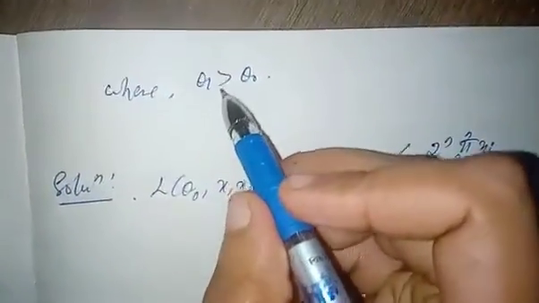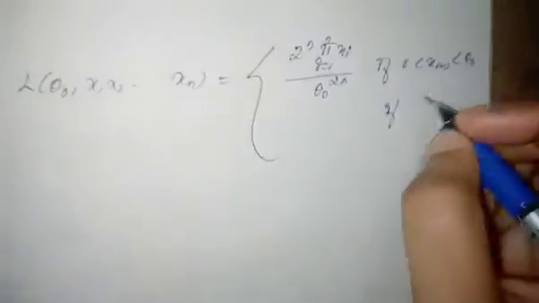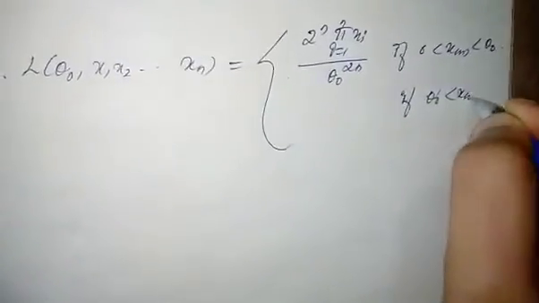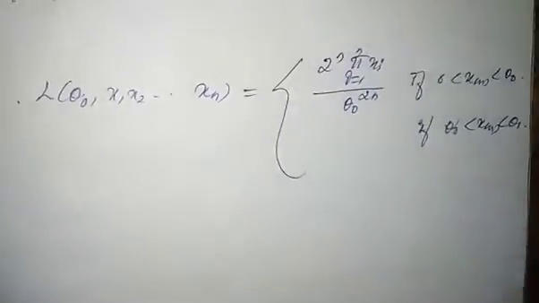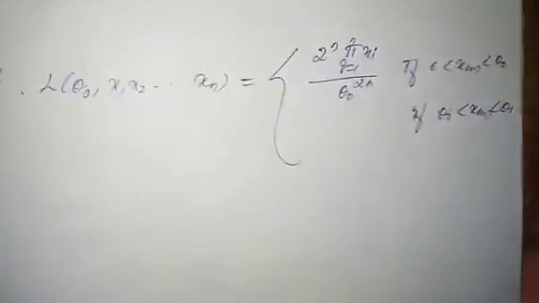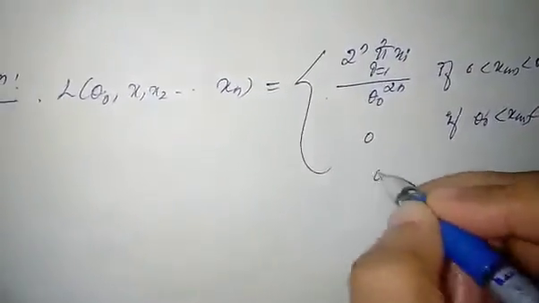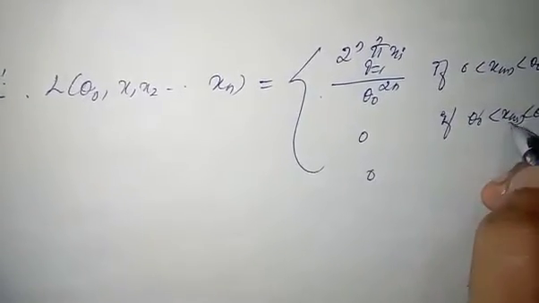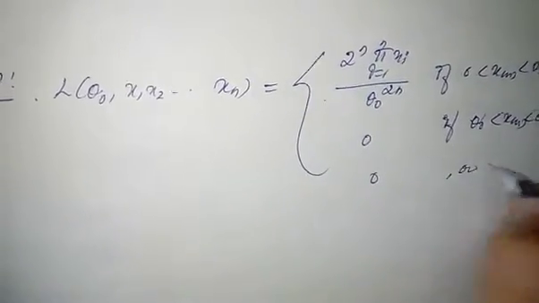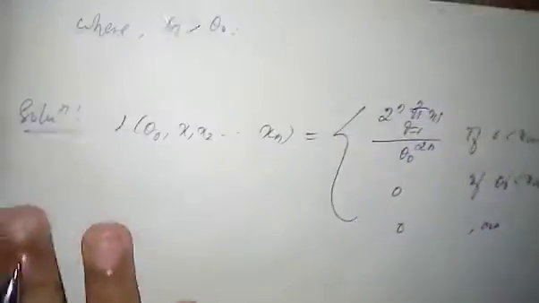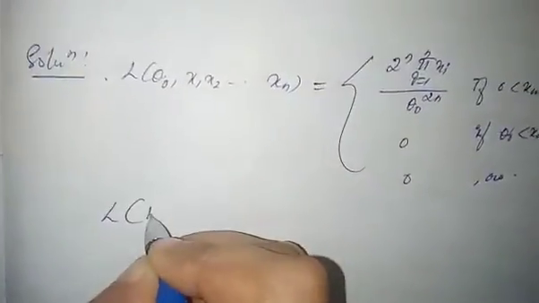Here it is given that theta 1 is greater than theta naught, so we have to write here theta naught less than xn less than theta 1, similar to the uniform problem, where it is 0 otherwise. And what is the likelihood under H1?